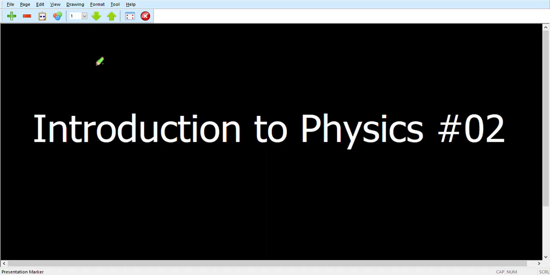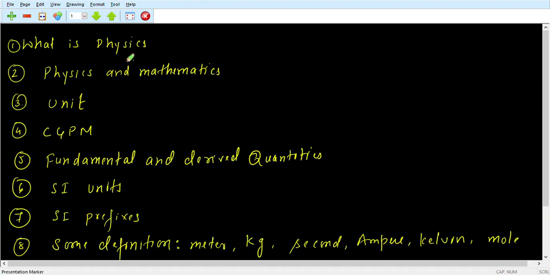In today's lecture, we are going to discuss Introduction to Physics Part 2. In Part 1, we went through the idea of what physics is, the relationship between physics and mathematics, units, who decides units, that's CGPM, fundamental and derived quantities, the quantities which are independent of each other, and all the other quantities are derived based on these fundamental quantities.